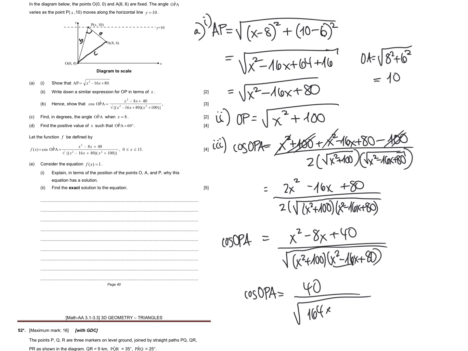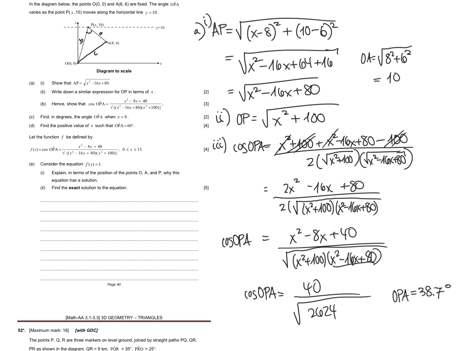So when you substitute an 8, it gives 16. So if we have 164 times 16, that's 2624. And when we do the cosine inverse of that, you get that OPA is 38.7 degrees.